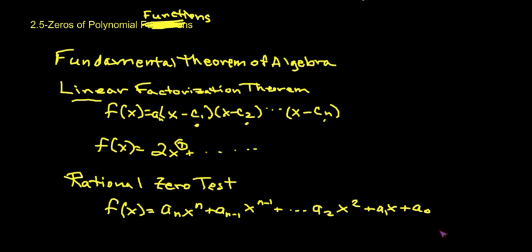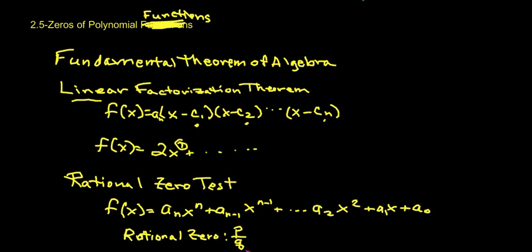If we've got that, what our rational zero test is going to tell us is this. If there is a rational zero, we're going to be able to find it. And this isn't writing very well, I apologize. Our rational zero is going to take on the form of p over q, just like a rational number, an integer over an integer.